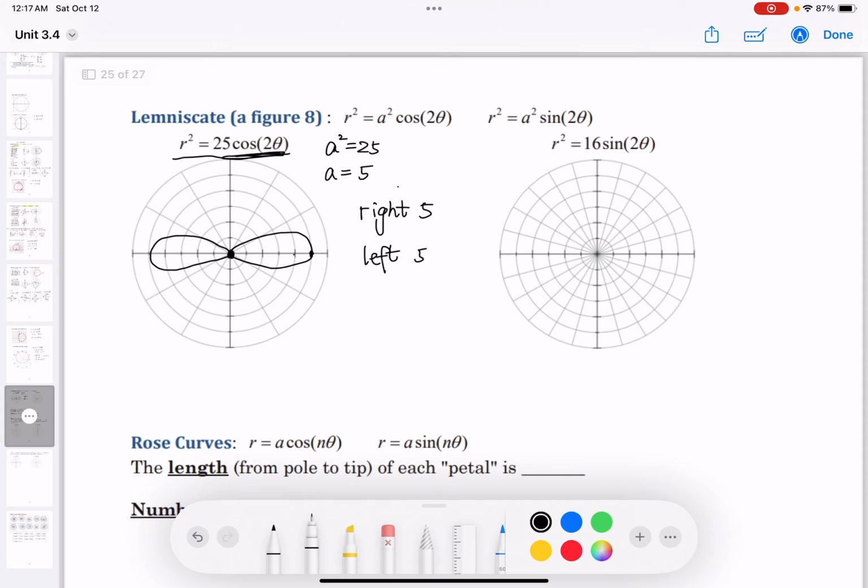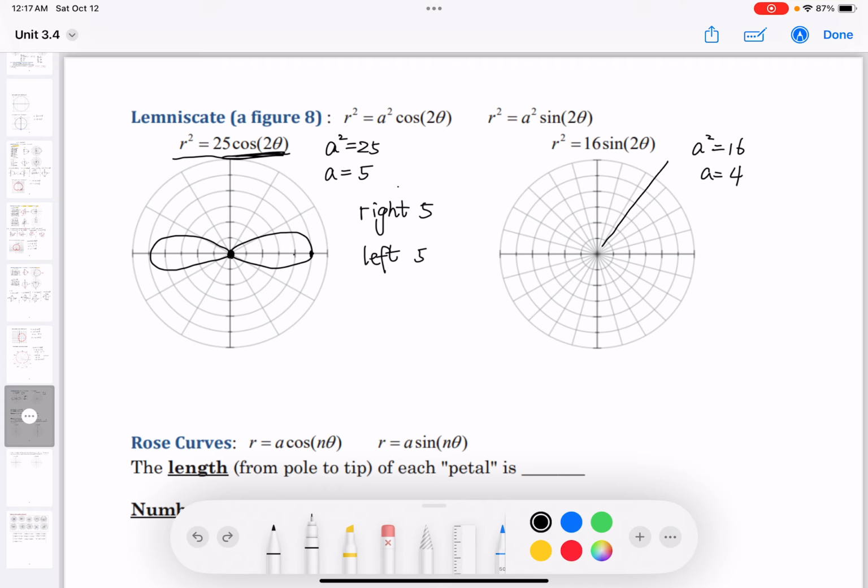Next one is r squared is equal to 16 times sine 2 theta. So a squared is equal to 16, a is equal to 4. Okay, this is also a figure 8 shape. I need to have the shape like this. And for the sine, it's starting from the angle 45.